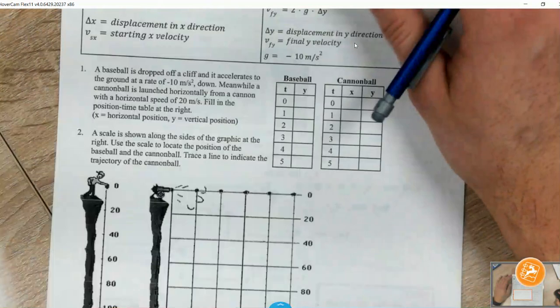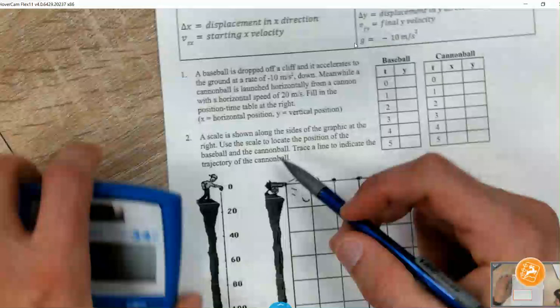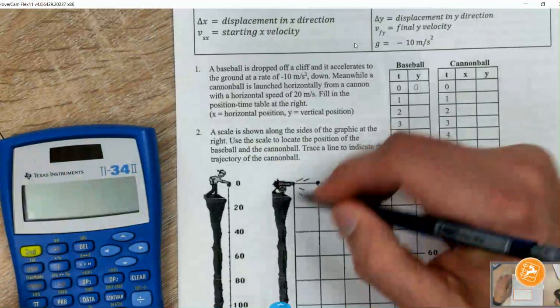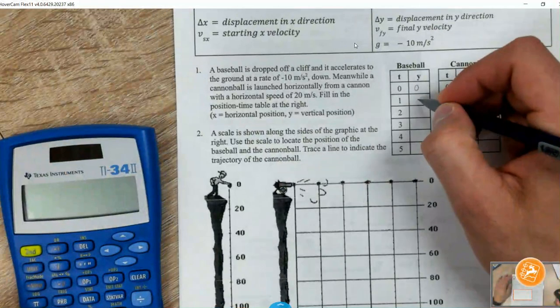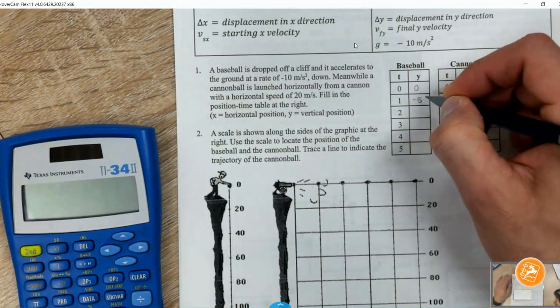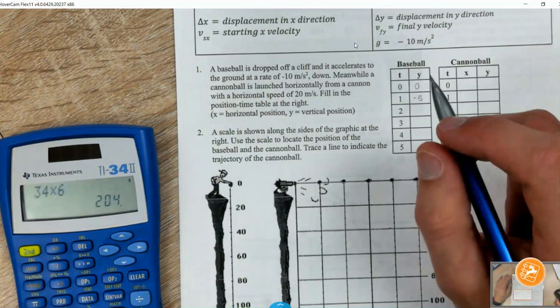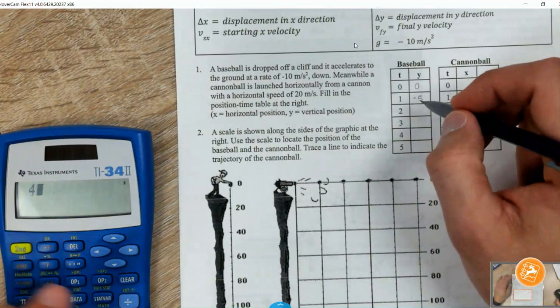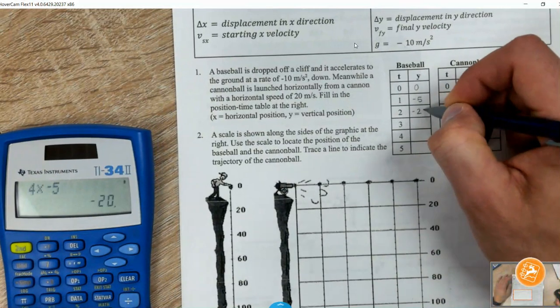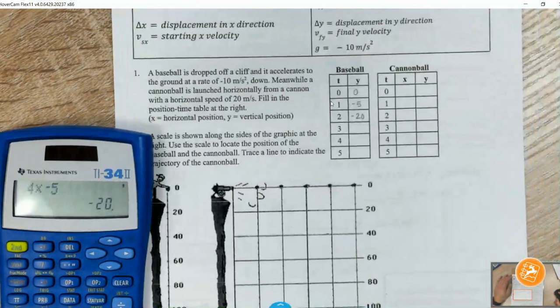Negative 5. So you square whatever the t is and multiply it by negative 5. For this one, obviously anything at 0 is 0. 1 squared is 1 times negative 5. What is that going to be? Negative 5. 2 squared is 4, 4 times negative 5, negative 20.